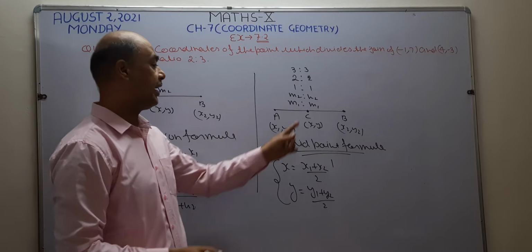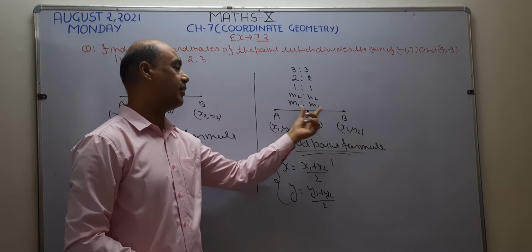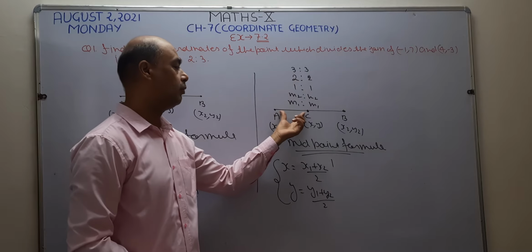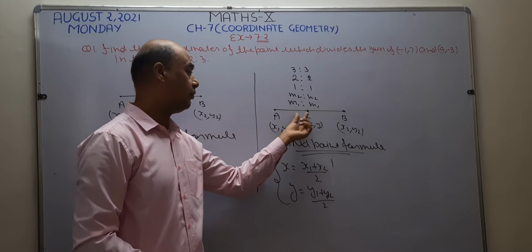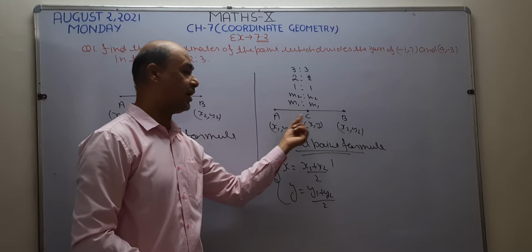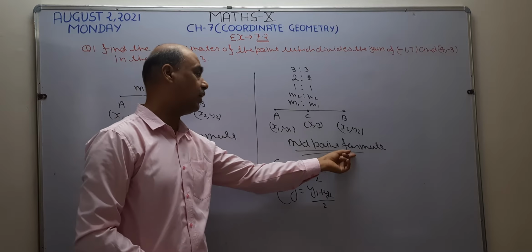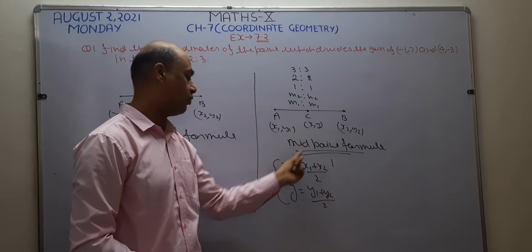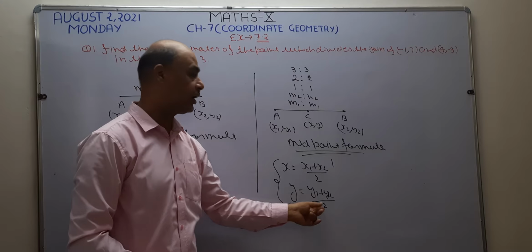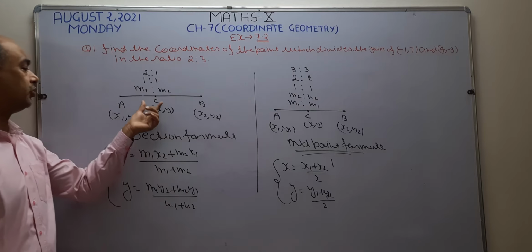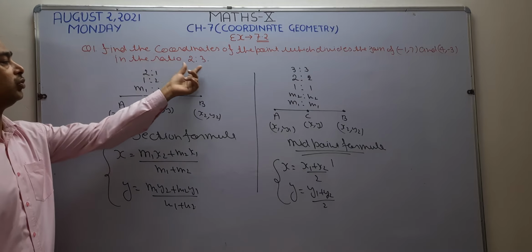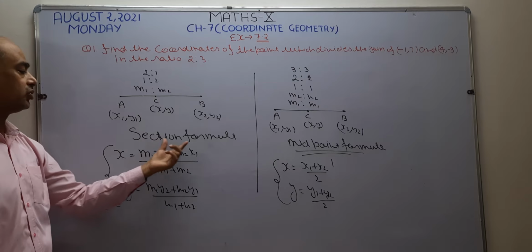When any point divides a line segment in the same ratio, meaning 1:1 or 2:2, both parts are the same, then C becomes the midpoint. But in the section formula, when it divides in two different parts, like 1:2, 2:1 or 2:3, we use the section formula.